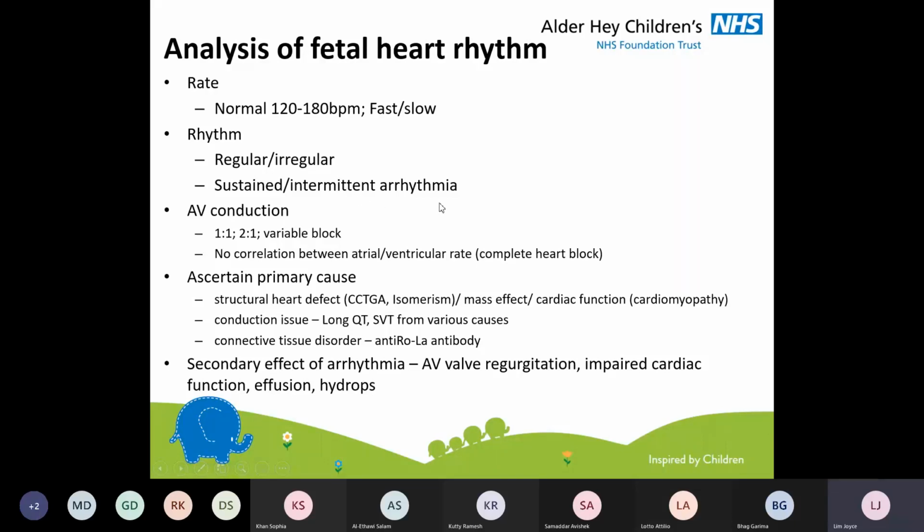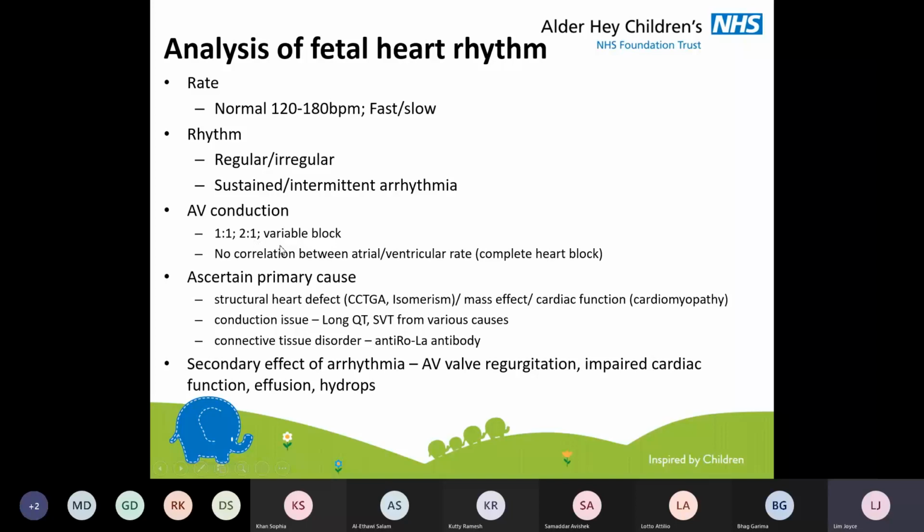It's important that when you see a fetus with a query heart rhythm problem, you measure the heart rhythm at the start, at the middle whilst doing the rest of the anatomy, and then towards the end again. So you look at it over a period of 10-15 minutes rather than just over the first 2 minutes of your review.